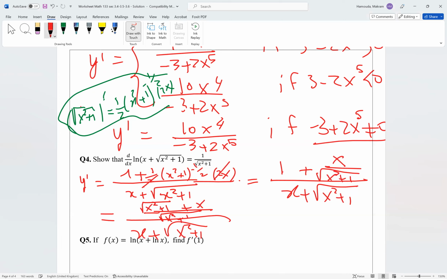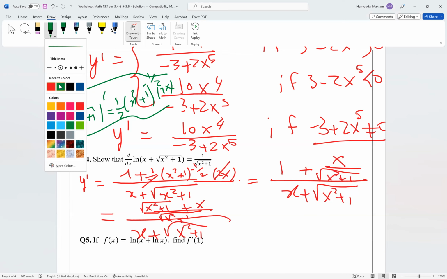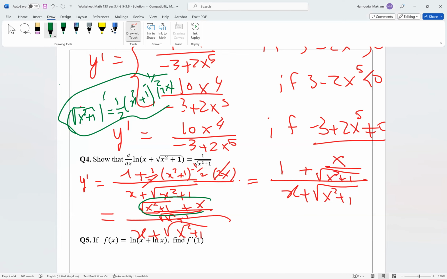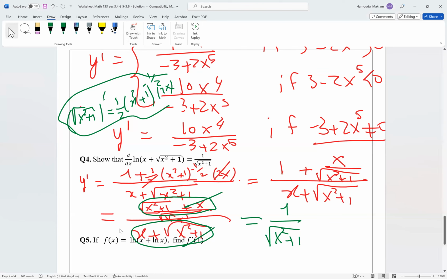And you see here that this term is the same as this one. So finally, you get rid of this, and it is 1 over root x squared plus 1. That's it.